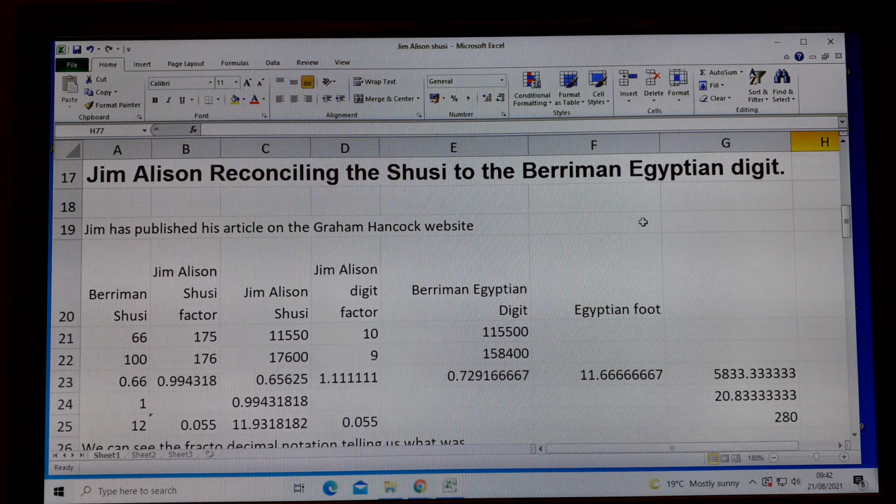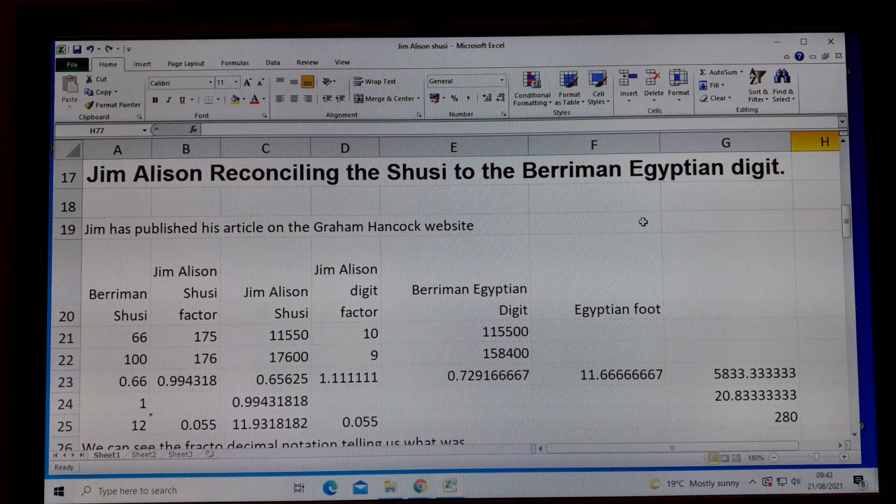What it is, is his analysis of the Shusi against Berryman's Egyptian digit, a complete reconciliation using the relationship: the Egyptian digit is 10 units when the Shusi is 9.